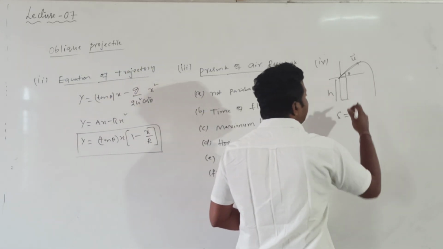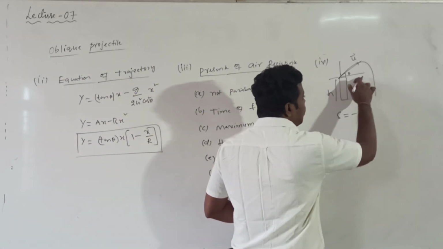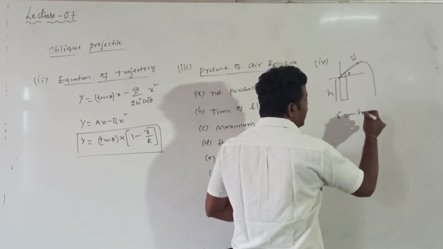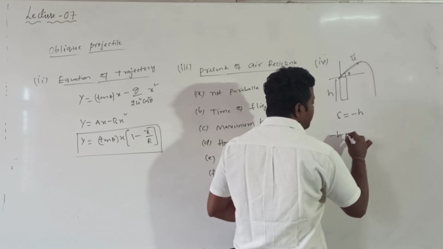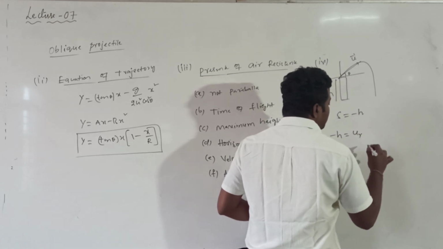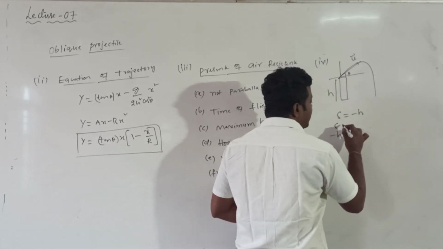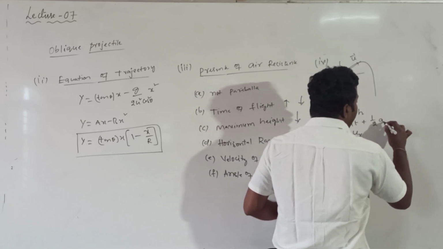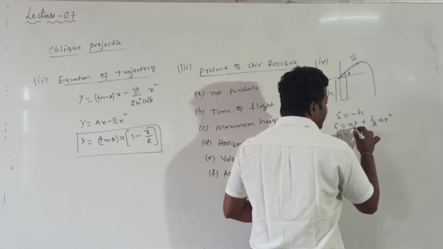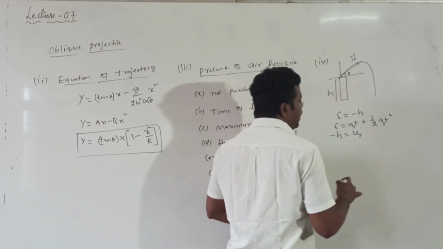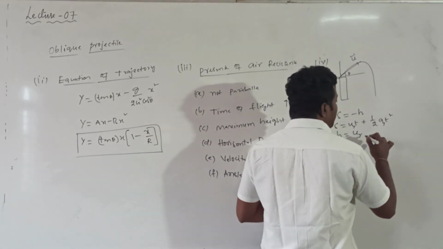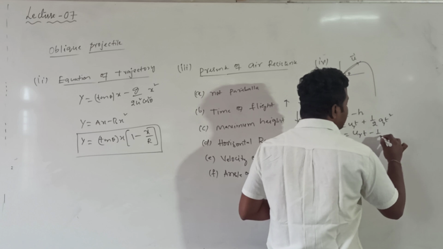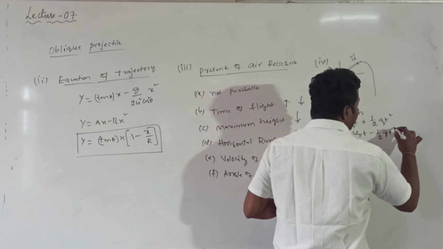Then what is the velocity with which the body reaches the ground, or what is the time taken to reach the ground? The time taken can be calculated by using the formula s is equal to ut plus half into a into t square. Here u is u sin theta, and a is minus g. Then we get minus h is equal to u sin theta into t minus half into g into t square.